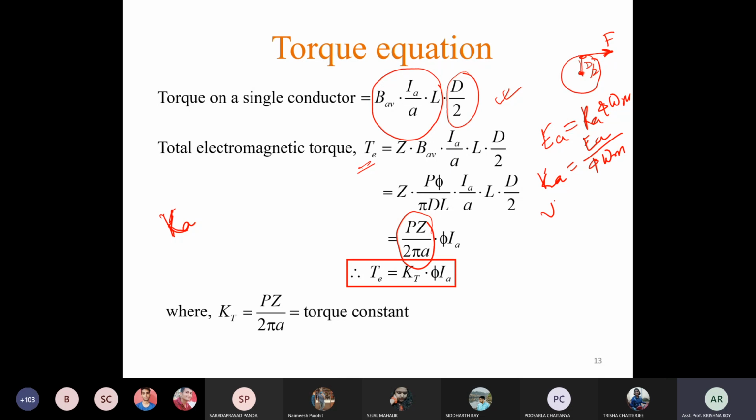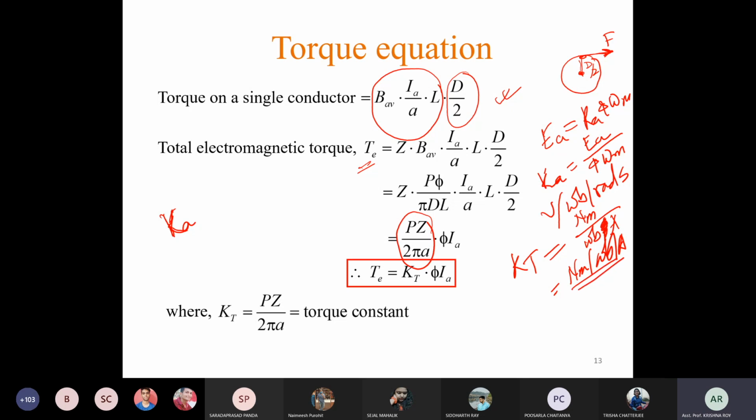So volt per Weber per radian per second. Now see the dimension of Kt, that is torque, Newton meter, divided by Weber and by ampere. So the dimension is Newton meter by Weber by ampere.